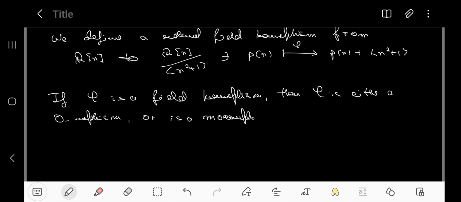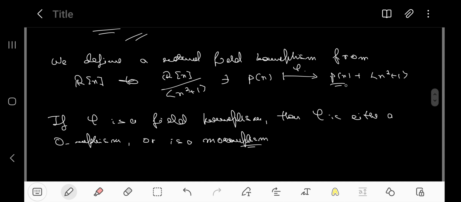A monomorphism is basically a one-to-one homomorphism. Now this is quite obvious from the definition of this natural field homomorphism, that it is not a zeromorphism, right? So it will be a monomorphism. It is a one-to-one homomorphism. Clear?